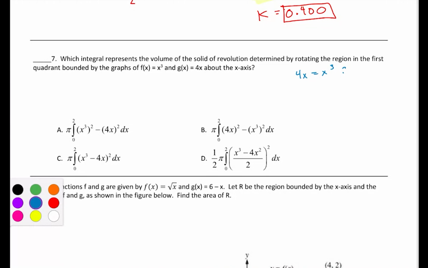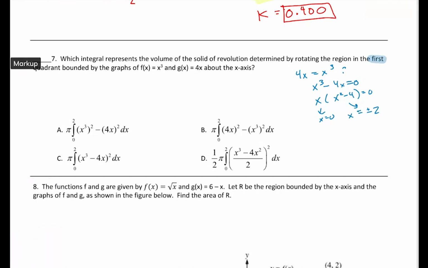You can solve this for 0: x cubed minus 4x equals 0. Factor out the x, we get x squared minus 4. You can see that we're going to get an intersection at x equals 0, and intersections at plus or minus 2. Since we're in the first quadrant, you can ignore the x equals -2.